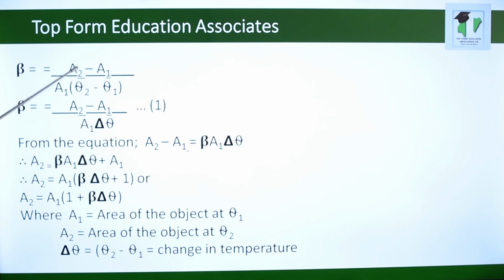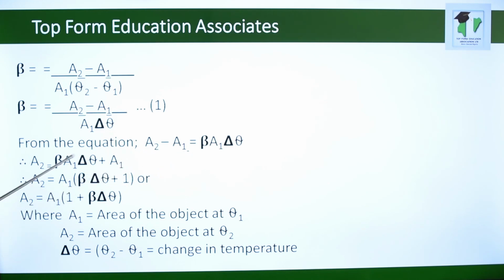From that, we'll have it to be A2 minus A1, that is change in area, final area minus original area, over A1, the initial area, times change in temperature, theta 2 minus theta 1, final temperature minus initial temperature. And so beta gives you A2 minus A1 all over A1 change in theta. From the equation, A2 minus A1 is equal to beta A1 change in theta.